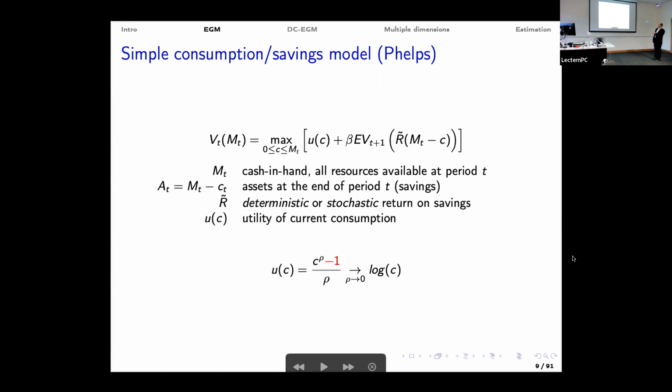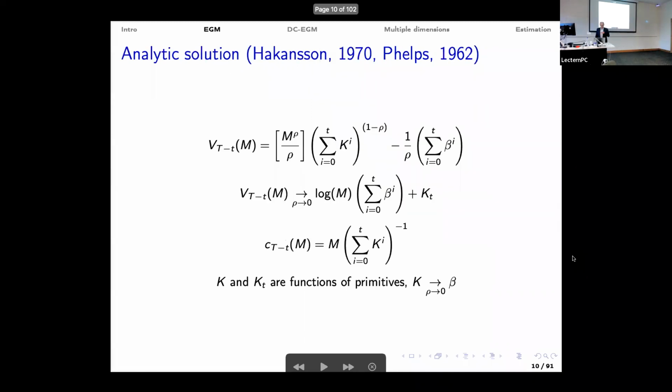The intertemporal budget constraint is essentially what you haven't consumed today times some return, deterministic or stochastic return on savings. Let's keep things simple, start with deterministic return, but then we can write an expectation and have that be stochastic as well. I'm going to assume that the utility is CRRA, and logs in some special cases.